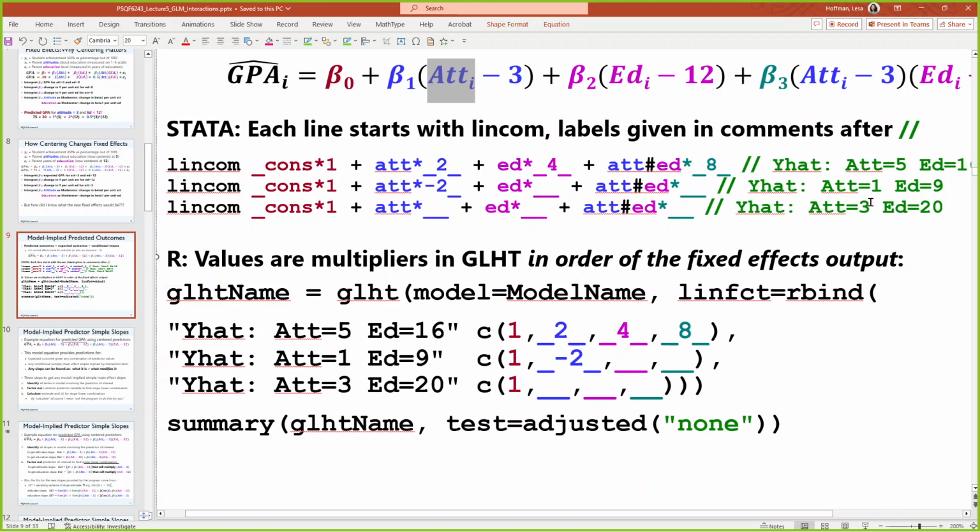So if I want an original value of, we're doing education of 9, what do I put? -3. -3, yep. And what goes here? -6?